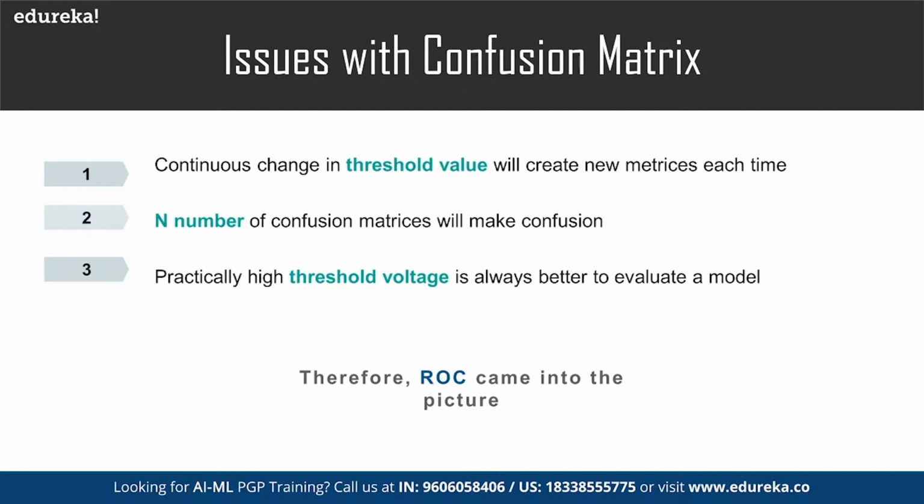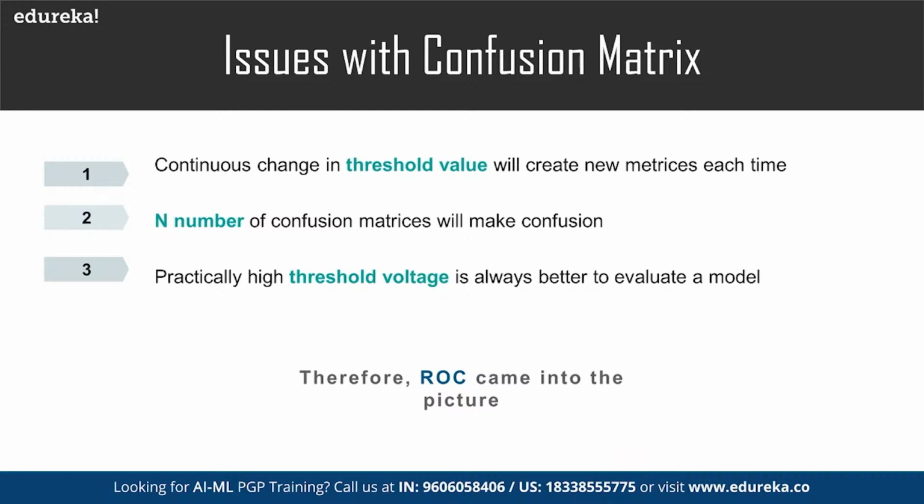We continuously change the threshold values because we need a high-performing model, and we see that this threshold value is no longer useful for us. We change it, increase the threshold value. I told you already, the threshold value falls between 0 and 1, and typically in industry they choose 0.5 as the default threshold value.